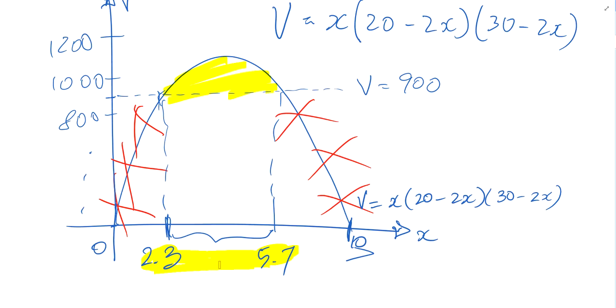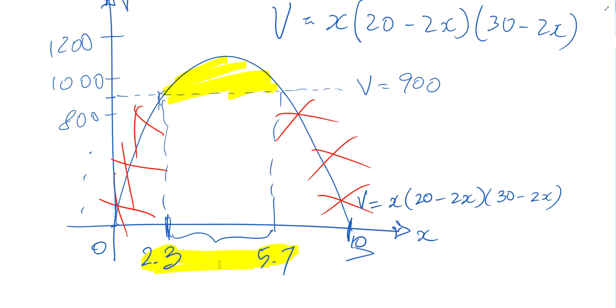Okay, I get a box, volume 900. Alternatively, instead of this 2.3, I'm going to now cut out 5.7. Bigger, right? And then I fold again.